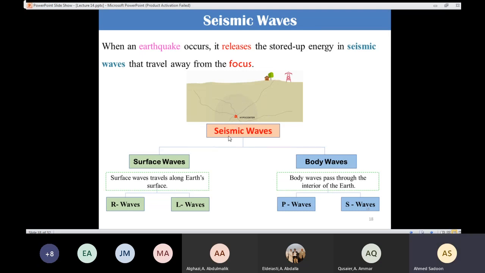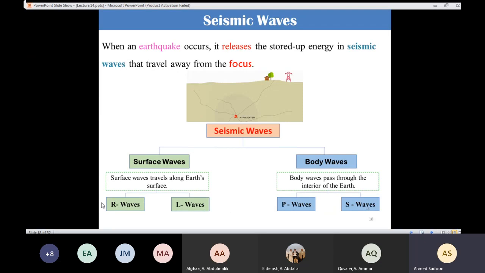So the seismic waves could be surface waves on the surface, or body waves in the body of the Earth. Furthermore, we are going to classify the body waves. It could be primary waves, the P waves, or it could be secondary waves, the S waves. The surface waves could be R waves, and could be L waves.